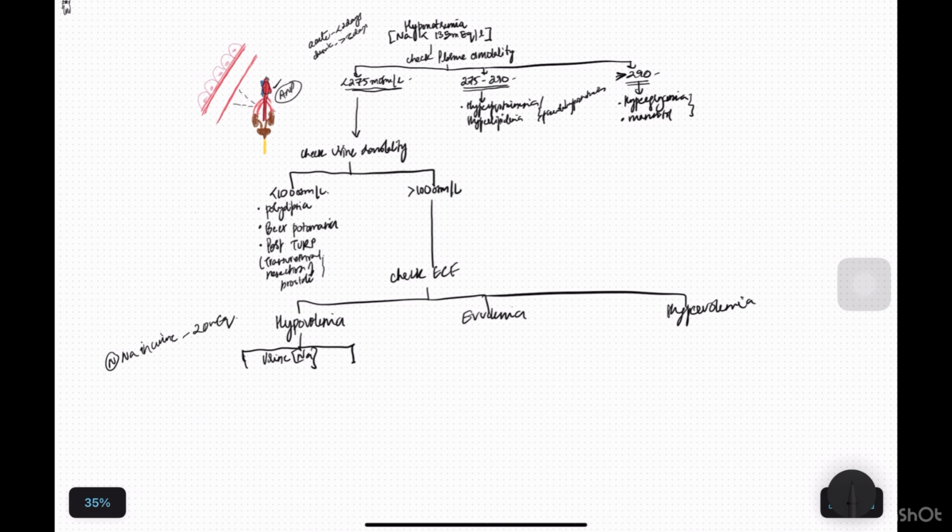So, if you have hypovolemia, the kidney doesn't want the body to be in a state of hypovolemia, right? It wants to retain some water to get back to its normal fluid status. So to do that, it's going to reabsorb some sodium. So the normal amount of sodium being excreted will be reabsorbed more than that.